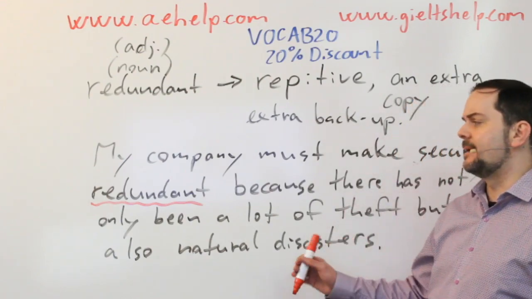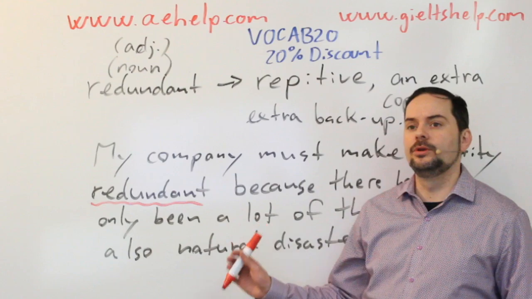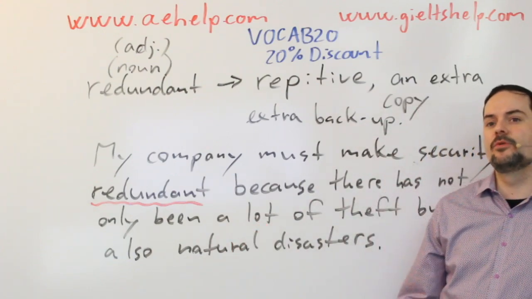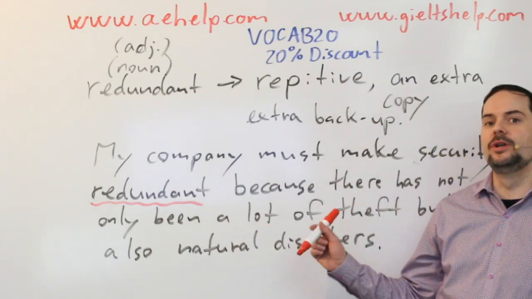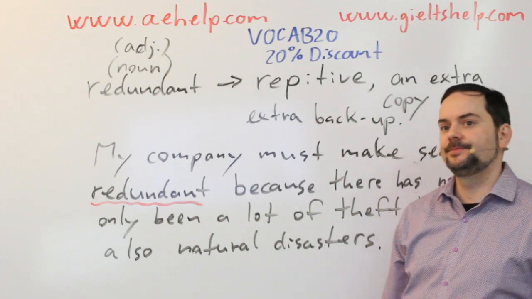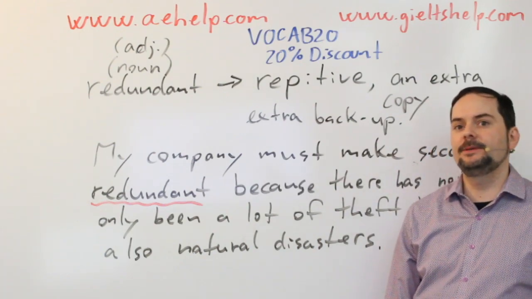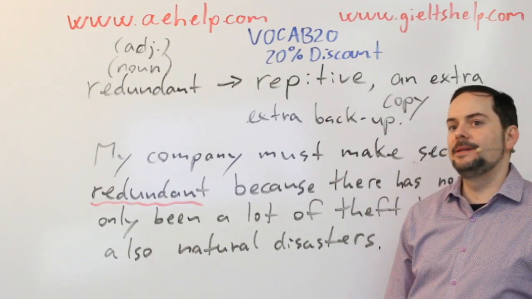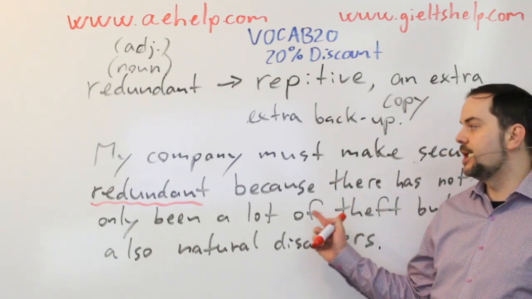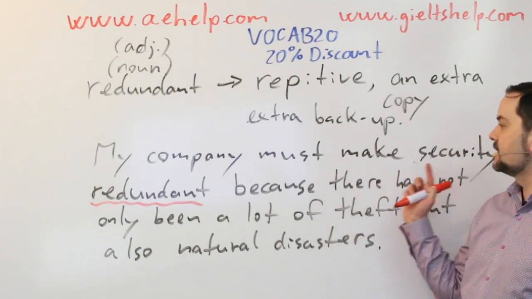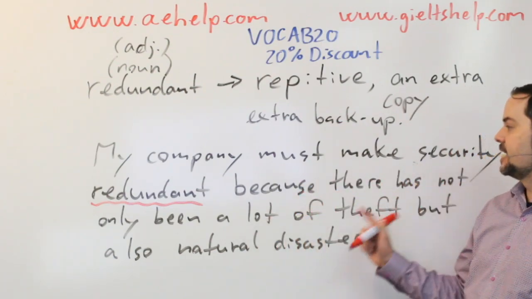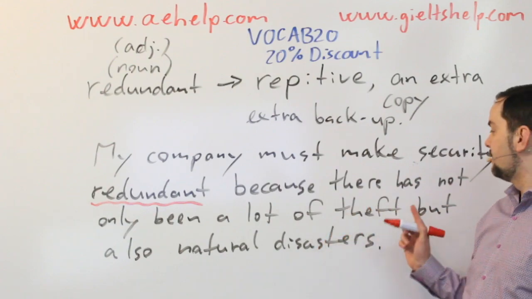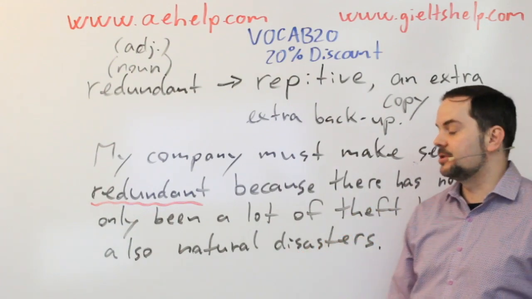What kind of grammar does this sentence include? So what kind of grammar is included in this sentence? Can somebody tell me? So it's quite complex. Let's see if you can break it down. My company must make security redundant because there has not only been a lot of theft, but also natural disasters.